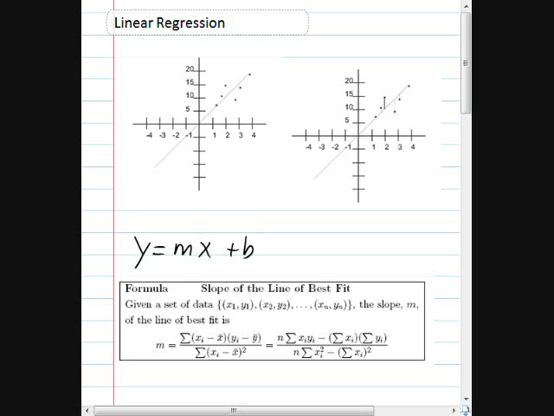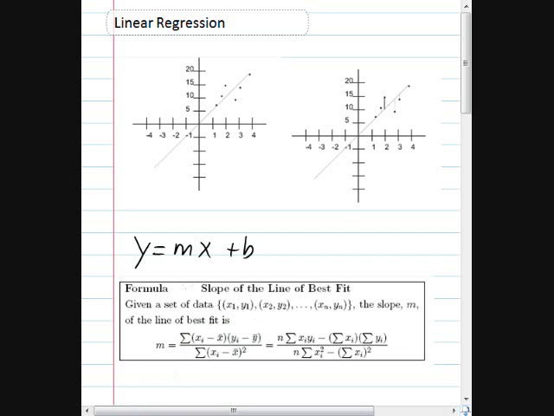Here's the formula for the slope of the line of best fit. Given a set of data, x1, y1, x2, y2, up to xn, yn, so we have n data points, the slope of the line of best fit can be found as follows, and here are 2 formulas. Now the first formula is fairly straightforward. We're going to take the deviations of the x's times the deviations of the associated y's and add them all up.